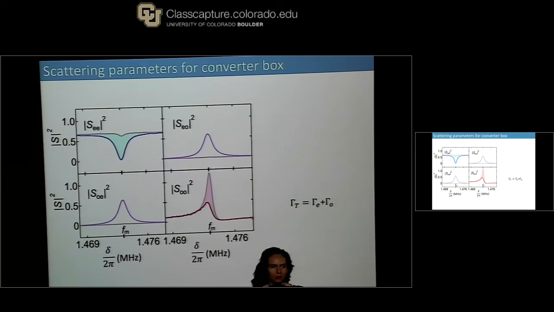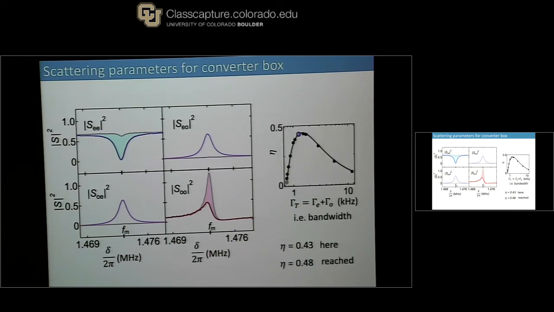But then we can see that reflection dip when we actually get the optical signal out the other side. The optical domain is a little bit more complex due to some various detuning factors, but the same sort of idea applies there. And we can actually see the efficiency change with this impedance matching condition.